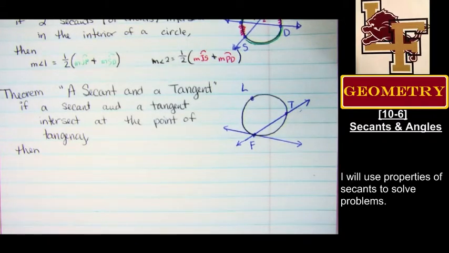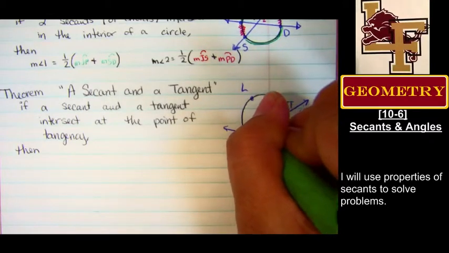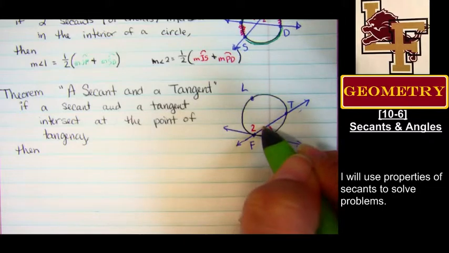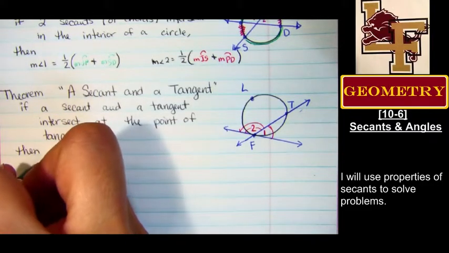Okay, here's our formula. I need to name angles. Let's name this angle 1 and this angle 2. Now this angle 1 goes from here to here, and angle 2 goes from here all the way to here. All right. So our formula says this. We have 2 that we can use.